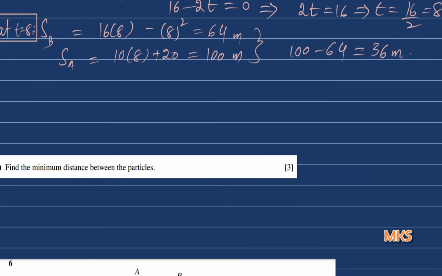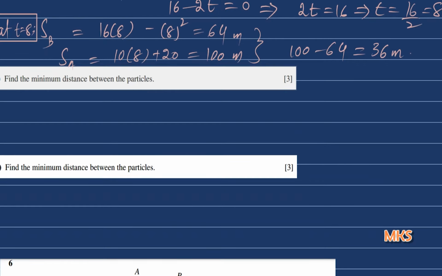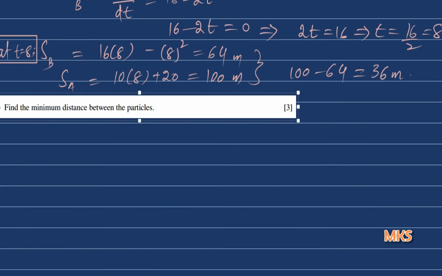The third part is to find the minimum distance between the two particles. Because they are traveling on the same straight line, before finding the minimum, we first need to find the expression which represents the distance between the particles, because we have both expressions.